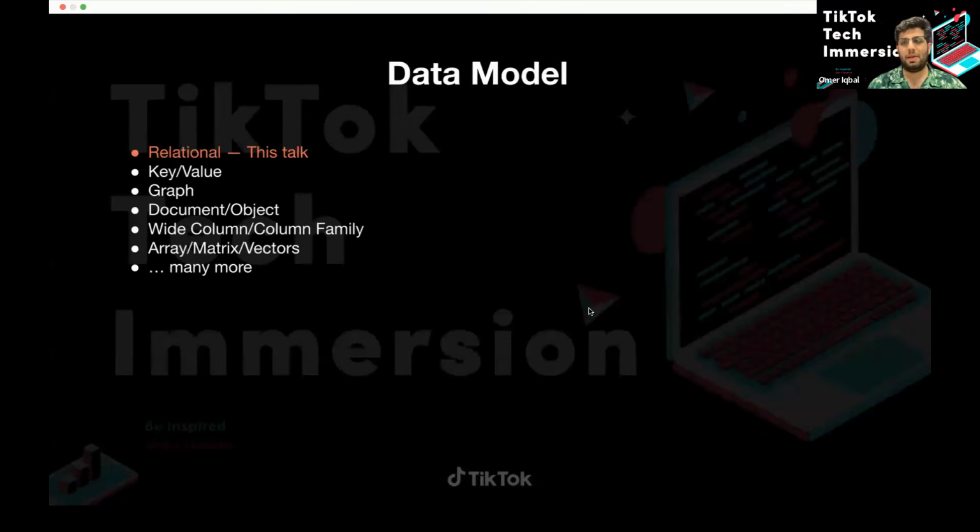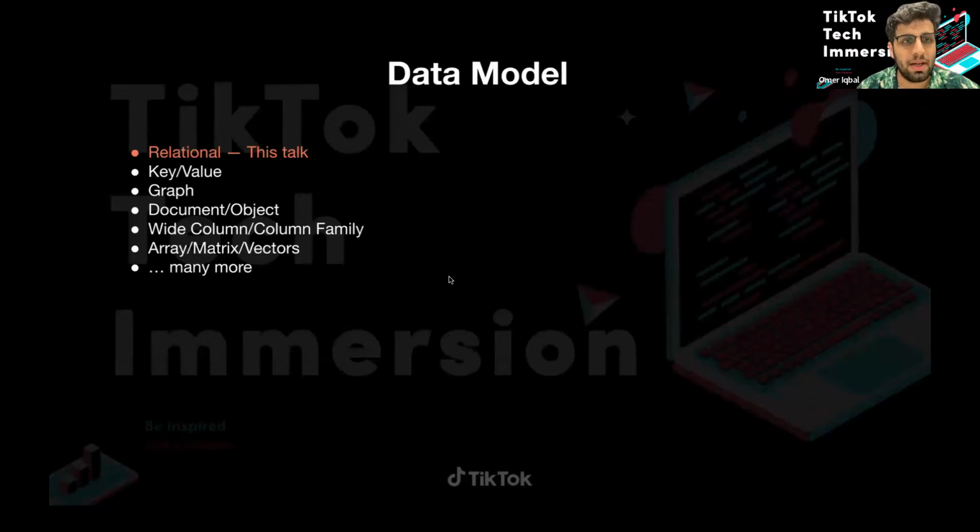Okay. So we talked a little bit about this. Let me talk briefly about data models, because different storage systems have different data models. In this talk, I'll focus more on the relational model, which is what we use mostly, and in my opinion, and in the opinion of many other people smarter than me, it's a very strong model. And it usually models many scenarios quite well.